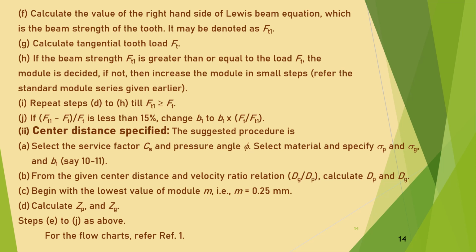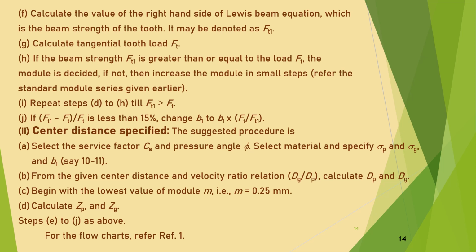If the center distance is specified, the suggested procedure is: select the service factor Cs and pressure angle phi. Select material and specify sigma P and sigma G, and b1, say 10 to 11.